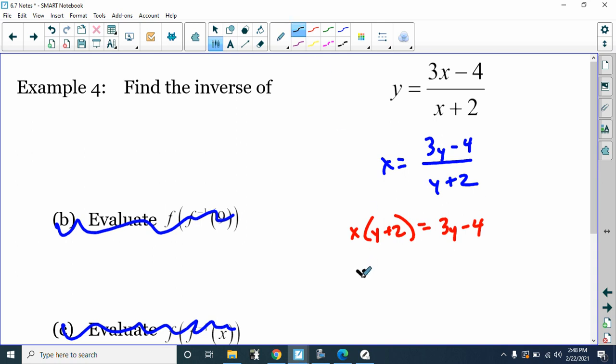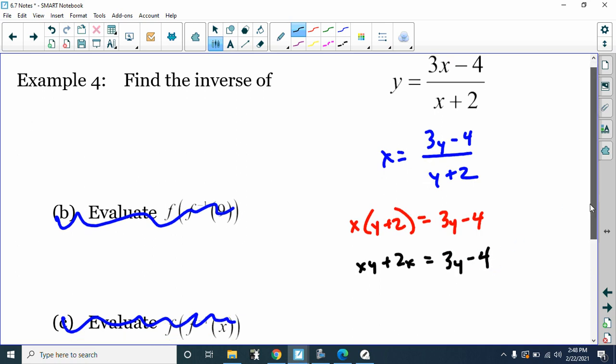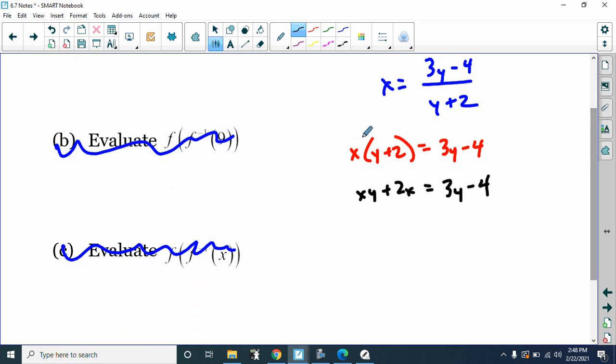Distribute the x. Move all the y's onto the same side of the equation, and anything else over to the other side. So this xy I'm going to subtract. I'm going to add 4 to both sides. And I'm subtracting xy.